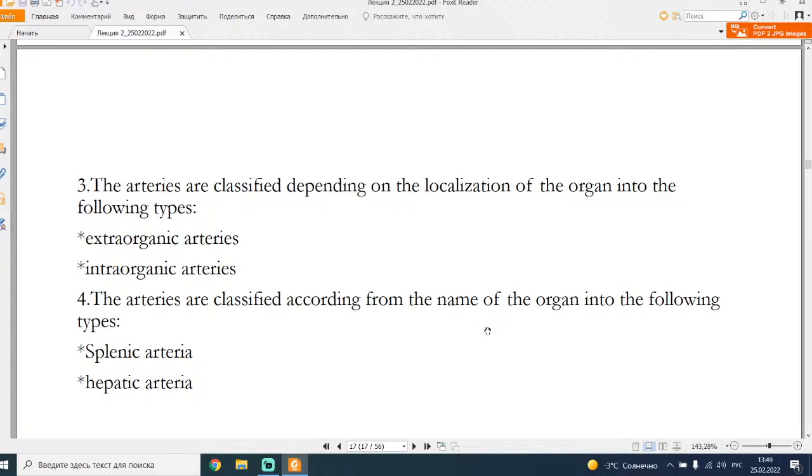The arteries are classified depending on the localization in the organ into the following types: extraorganic arteries, intraorganic arteries. Next, the arteries are classified according to the name of the organ into the following types: splenic arteries, hepatic arteries.